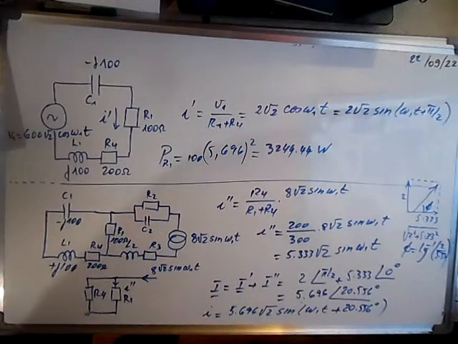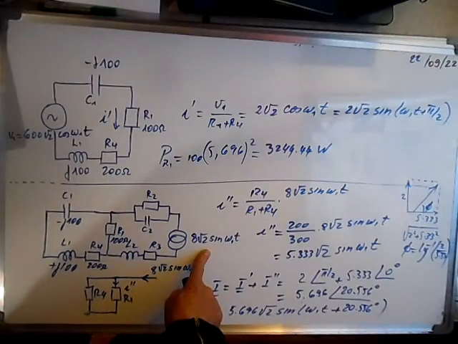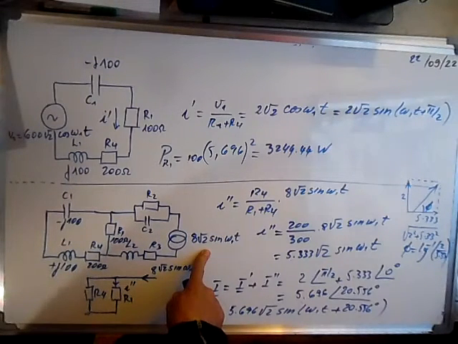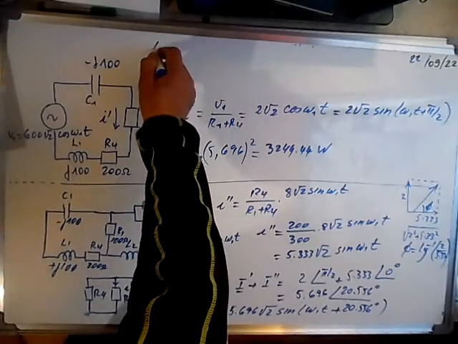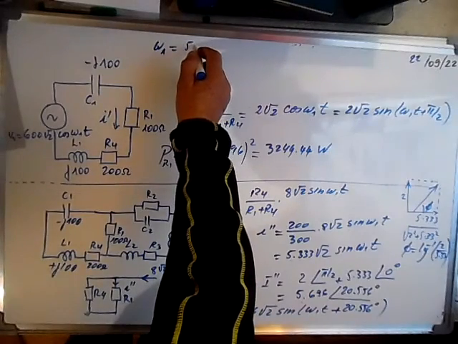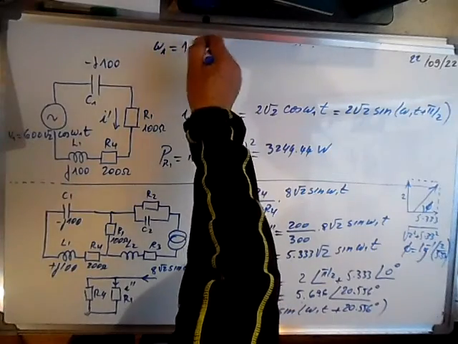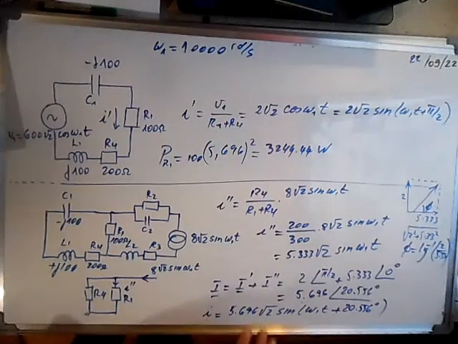It means that the current generator operates at 5000 over 2 pi, but the voltage generator works at omega 1 equal to 5000 times 2, which means 10,000 radian per second. So the current here wouldn't change.